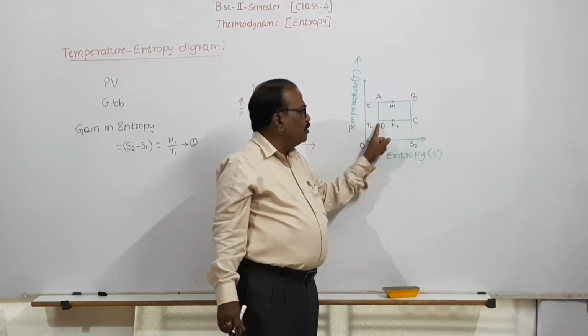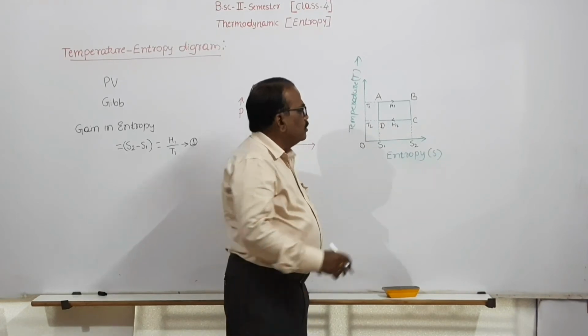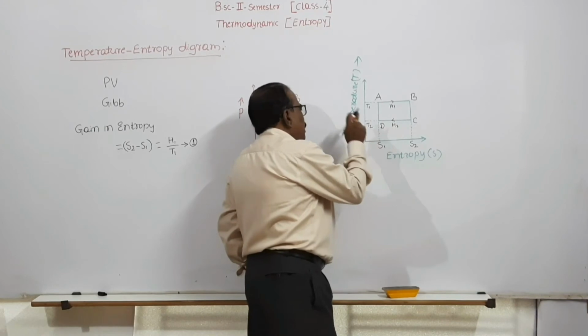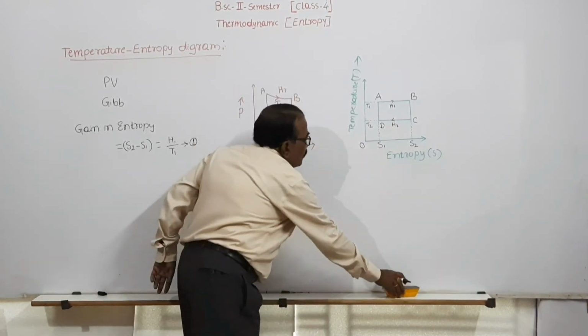Again from C to D, H2 is the amount of heat rejected at temperature T2.